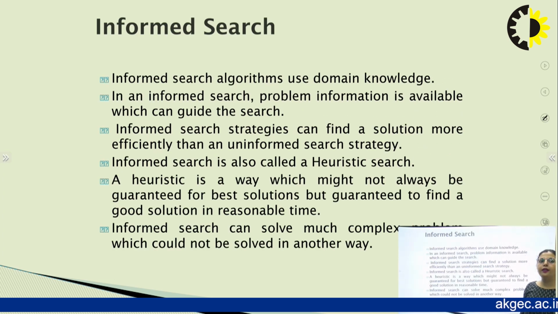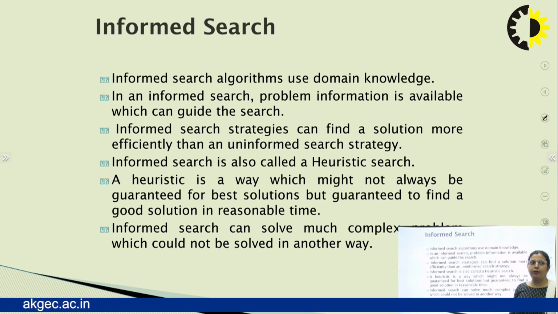The other technique is the informed search technique, which is also known as heuristic search. Basically, this technique uses domain knowledge, meaning there is some sort of knowledge that can help in finding the goal earlier. In an informed search problem, information is available which can guide our searching.